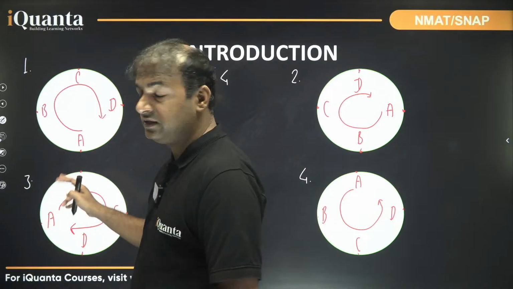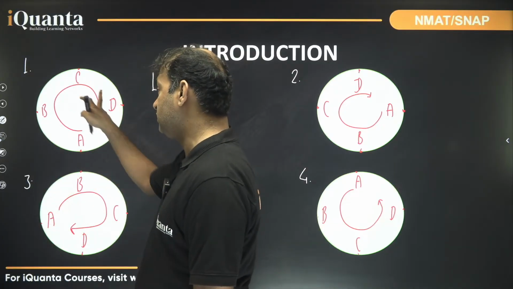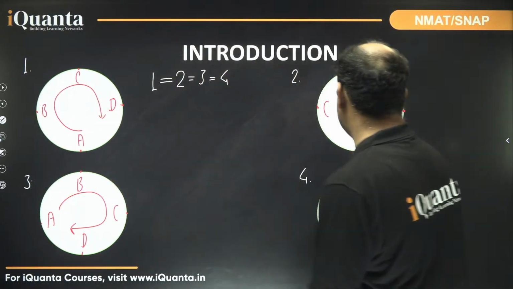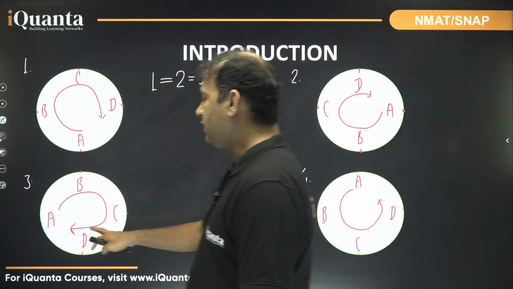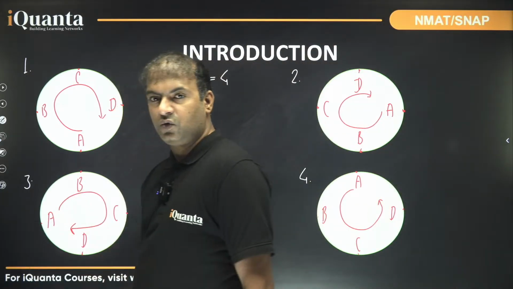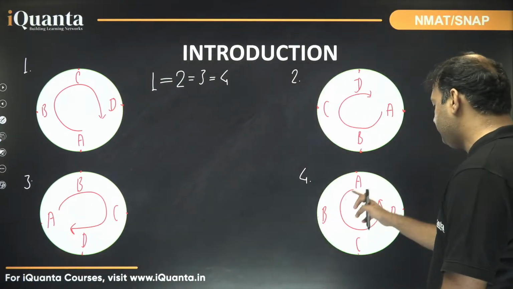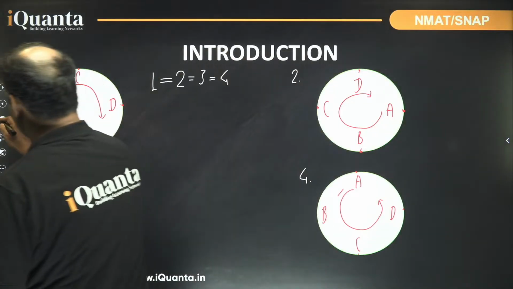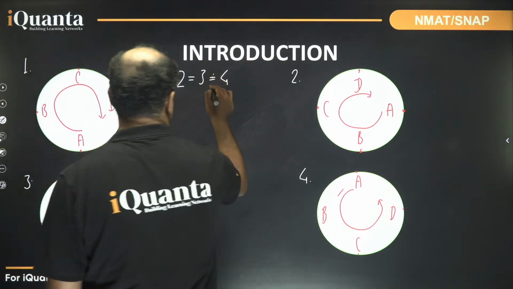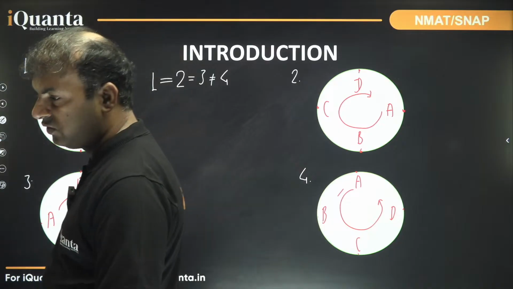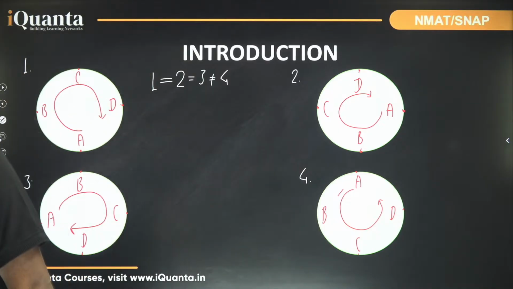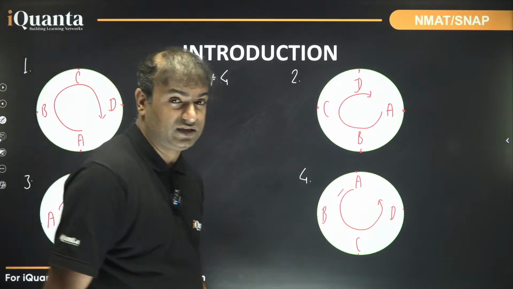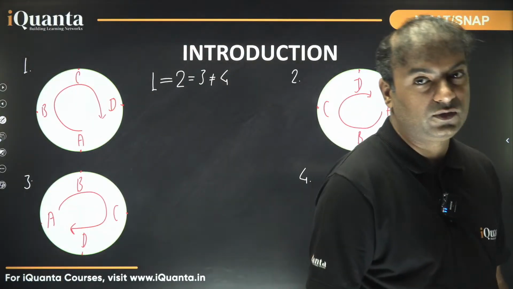Arrangement number 1 is A, B, C, D clockwise, arrangement number 2, A, B, C, D are clockwise, arrangement number 3, A, B, C, D are clockwise, but in arrangement number 4, A, B, C, D are anti-clockwise, right? So that is why arrangement number 4 is not same as arrangement number 1, 2, and 3. I hope you guys understand that, right? Arrangement number 4 is not same as arrangement number 1, 2, and 3, okay?